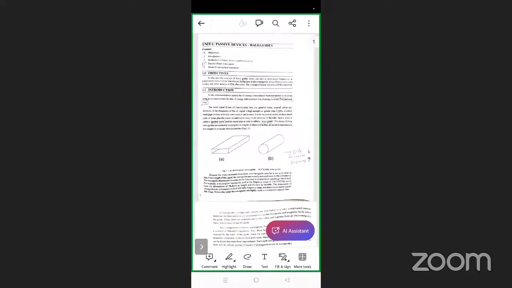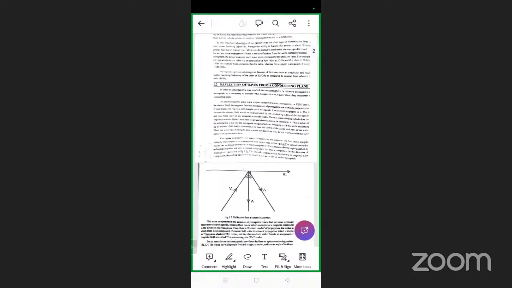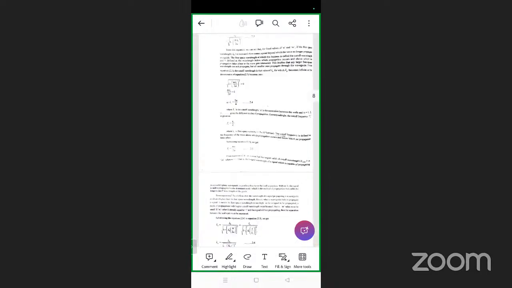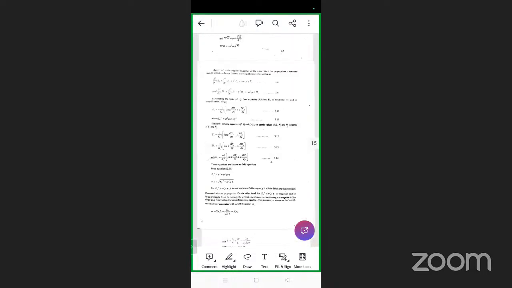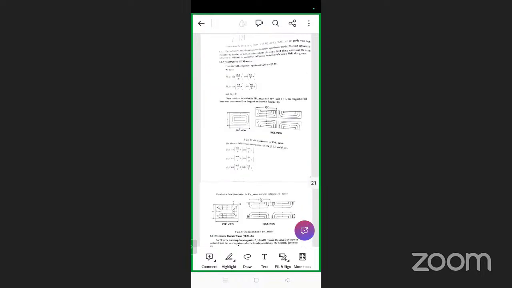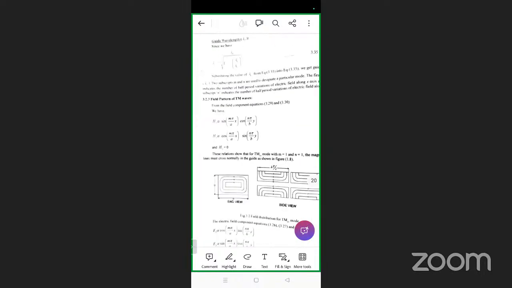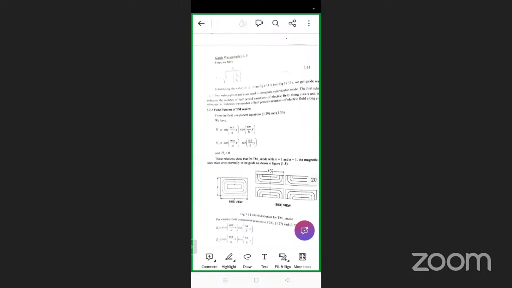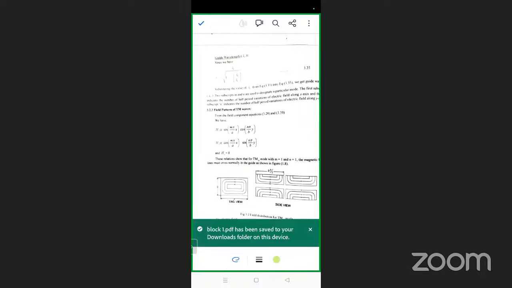Now, which one are we discussing, ma'am? Field patterns of TE mode and TM mode. From the textbook part, what is written? On this page, what is the heading? Field patterns of TM waves.